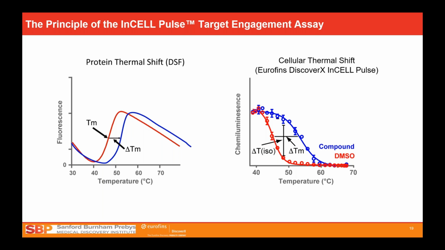The red curve is vehicle, DMSO, with a particular protein, and then if you have a compound that binds to the protein in the cell, you would generate this blue curve, a stabilization due to compound binding. So these thermal profiles are nice to look at, and you generate something analogous to a protein thermal shift.